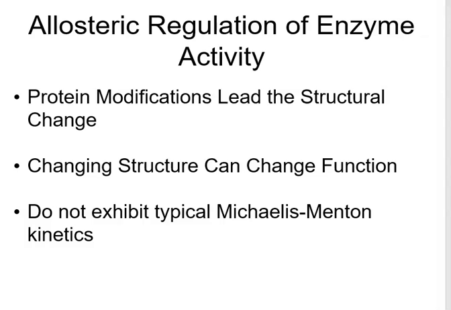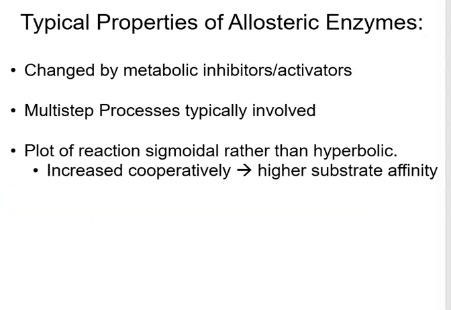Again, it leads to binding to the protein that leads to structural changes that influence the enzyme function. So it changes maybe how the active site is organized or the fluidity of the molecule. They don't exhibit normal Michaelis-Menten kinetics, as I showed you previously, because of that change in the function.